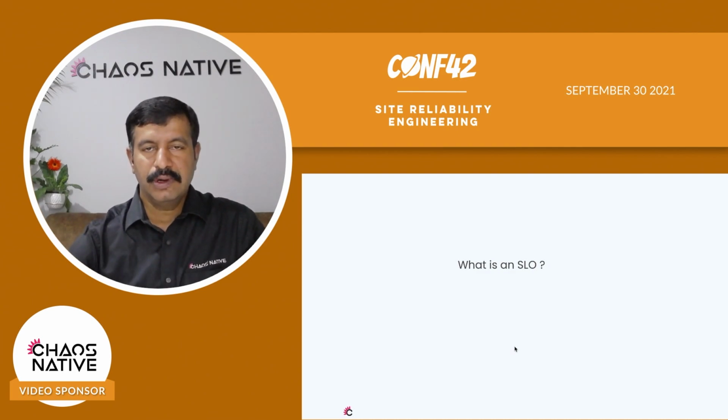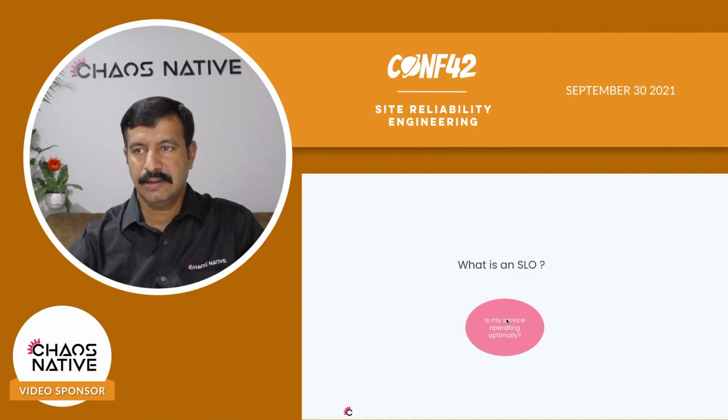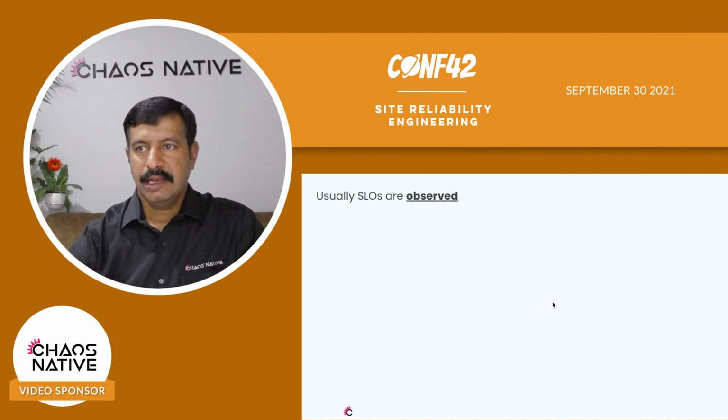Let's look at what is a service level objective and what service level objective validation really means in a bit more detail. Right? So if you ask me what is SLO, or a service level objective, it's really as simple as just to tell, is my service operating optimally, correctly, as expected? Right? And typically SLOs are observed.